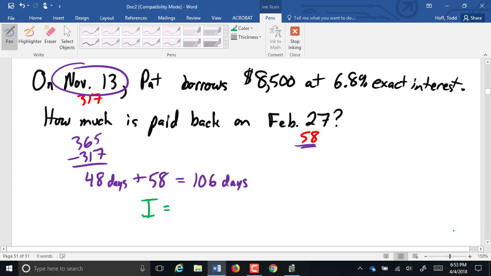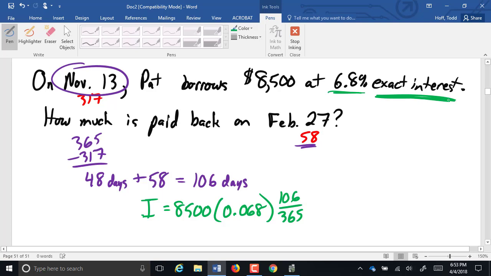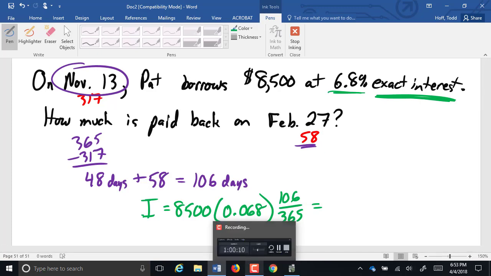Okay, so I equals 8,500 times 0.068 from our 6.8% times 106 over 365 because it did say exact interest. How many did you put 360? Nobody got caught with the 360.